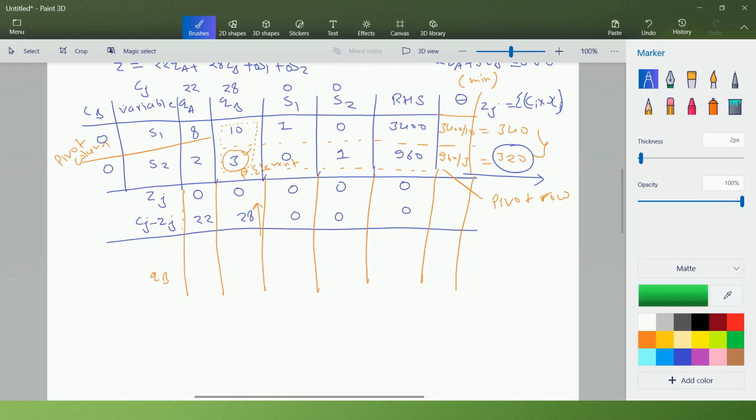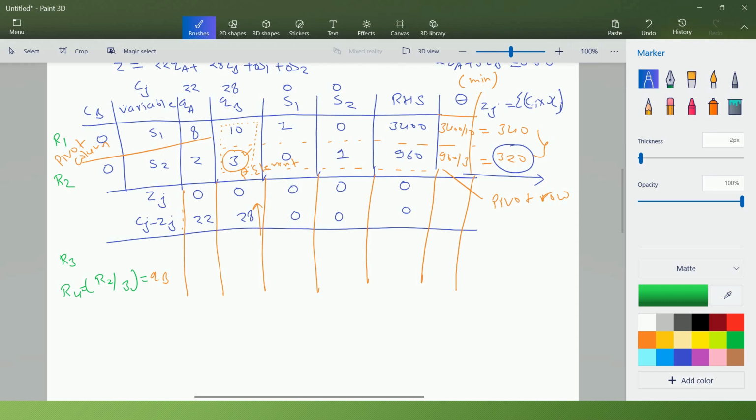Just for the representation, I am giving this row 1 and this row 2, and this as row 4 and this as row 3, okay. So this row 4 will be row 2 divided by the pivot element, which is 3, because the variable is going out of the problem and QB is entering.